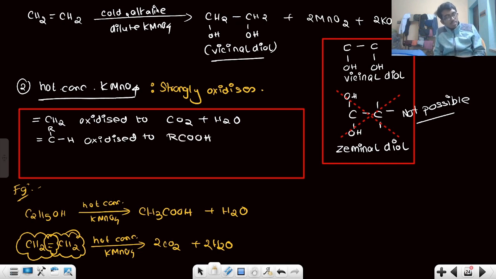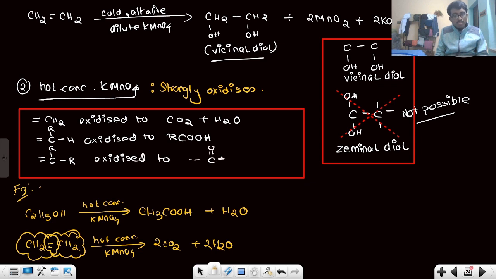Clear or not clear? If it is RCH, it is going to be oxidized in this case to RCHO. Done. And if there is R on both sides, that means this side also R, then it is oxidized to ketone. Clear or not clear? It will be oxidized to ketone with the R containing both sides.